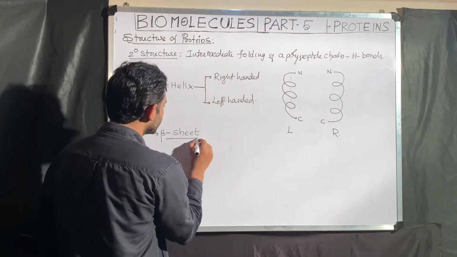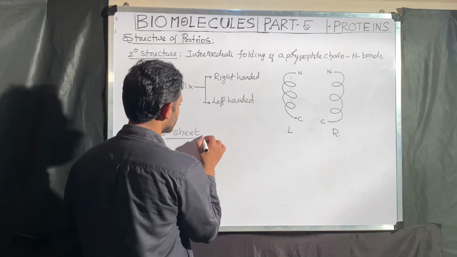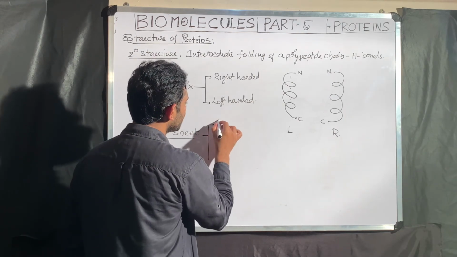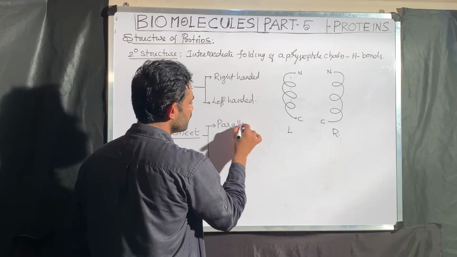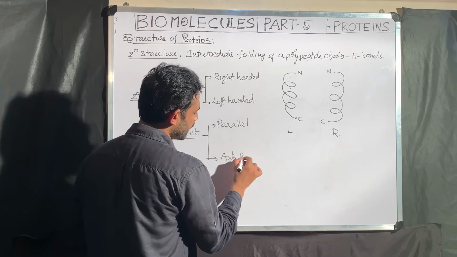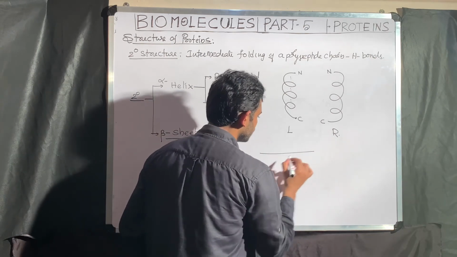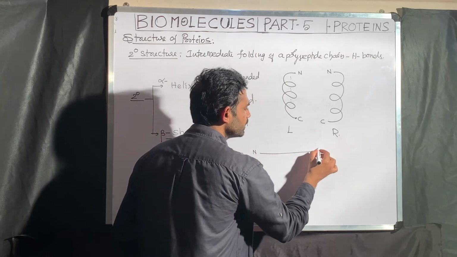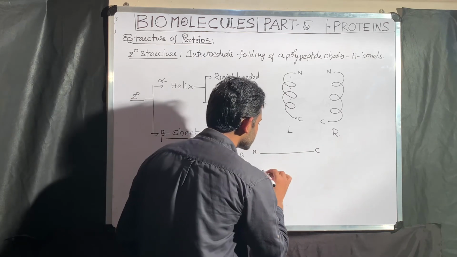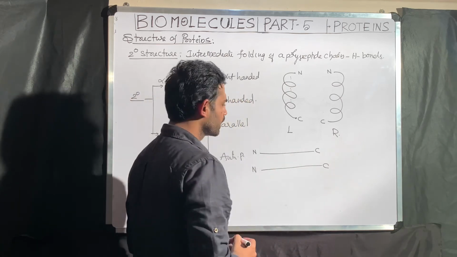Now take the beta sheet. Beta sheet is also a very peculiar structure, of 2 types. One is a parallel beta sheet. The next one is anti-parallel. What does it mean? For example, this is one polypeptide chain, N terminal, C terminal. This is one more polypeptide chain, N terminal, C terminal.